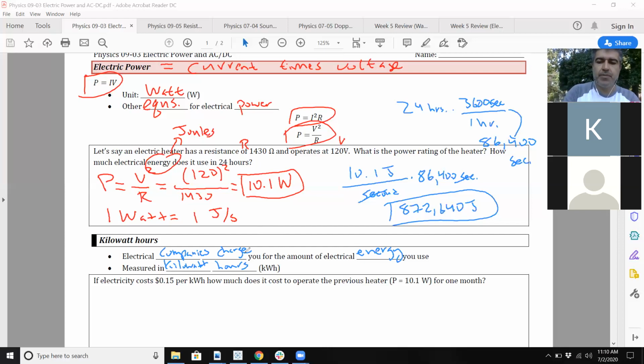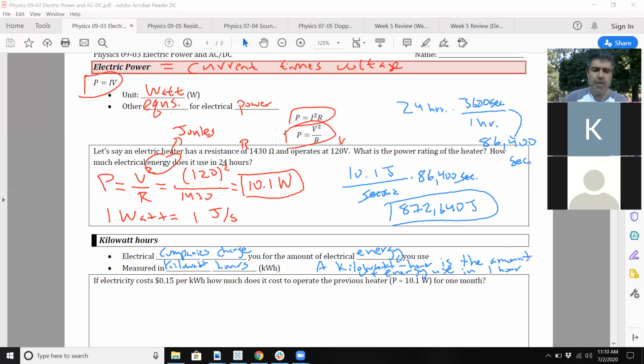So a kilowatt hour is the amount of energy used in 1 hour.